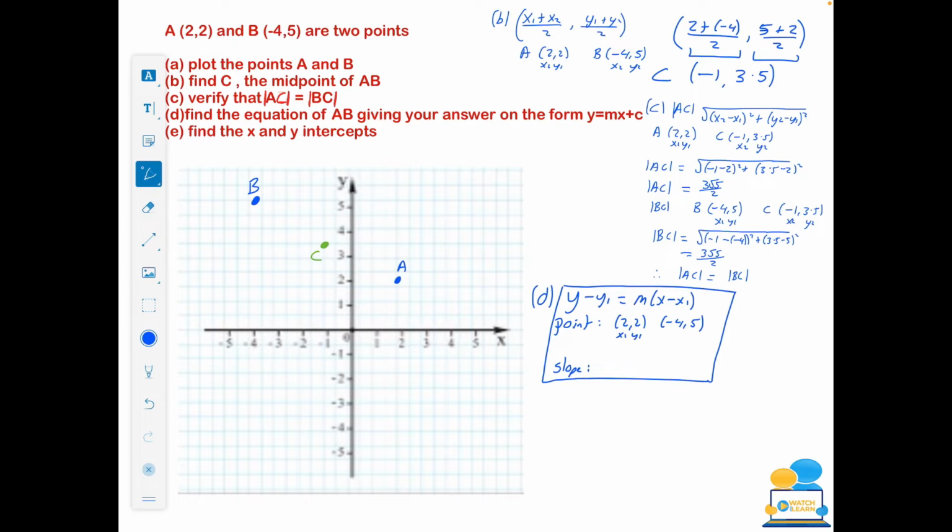Now, I actually prefer the formula, but that's just personal preference, whichever you prefer. So m is equal to y2 minus y1 all over x2 minus x1. So m is equal to 5 minus 2 all over minus 4 minus 2. I'm going to put all that into my calculator.